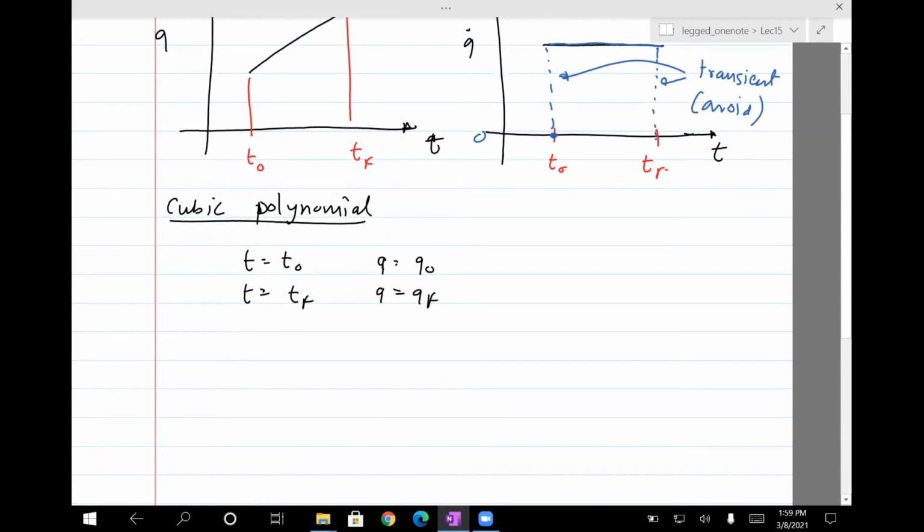Okay, those are the two conditions we had earlier, but we also want to ensure two more conditions, which is we want to set at t equals t0, 0 for q dot, and then at t equals tf, we also want the velocity to be 0. So it starts at the right position with 0 velocity, ends at the correct position with 0 velocity. So we have 4 conditions, which means we need a cubic profile.